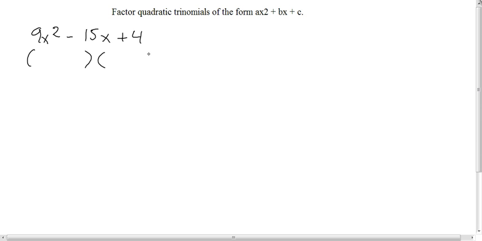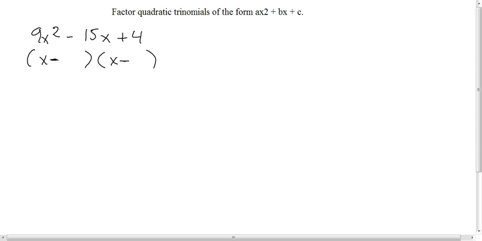Okay, so that's our first step: to go ahead and put a minus sign inside of our binomial, and we definitely know that we'll have an x in each one. Leave a little room for the actual first term, and then we're looking for our factors of 9 and our factors of 4 that will add up and give us a negative 15.